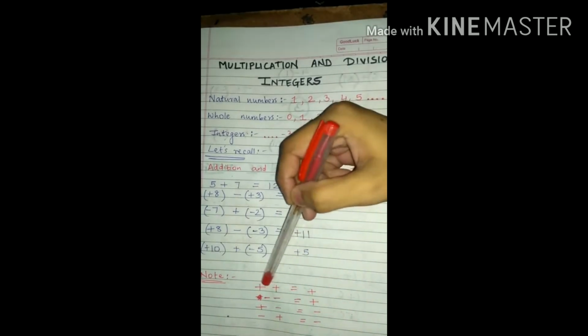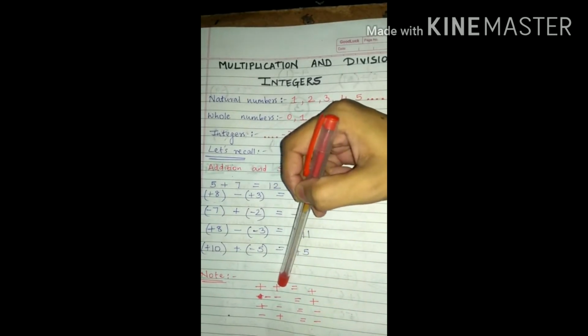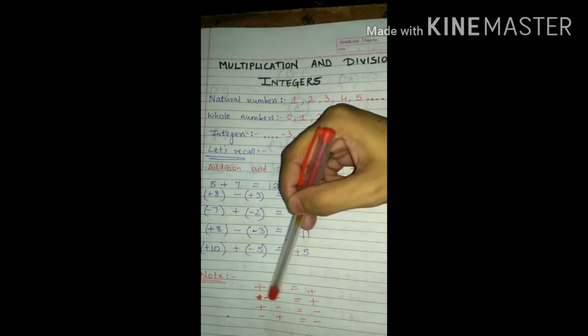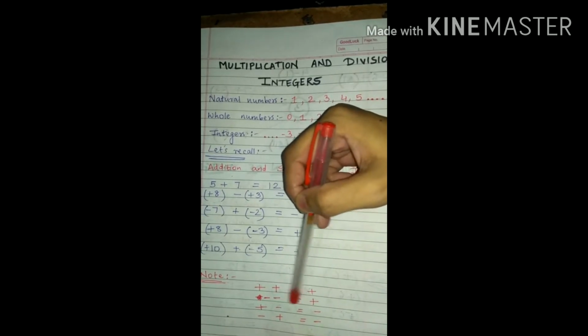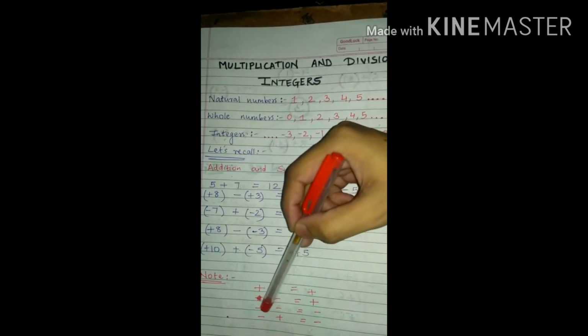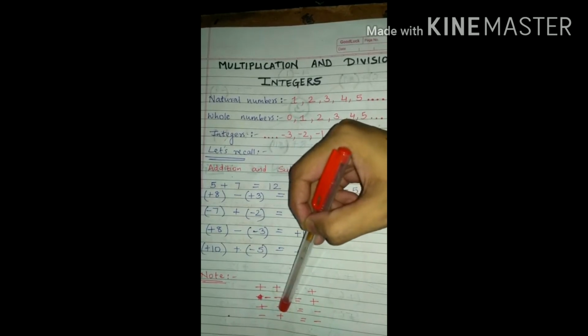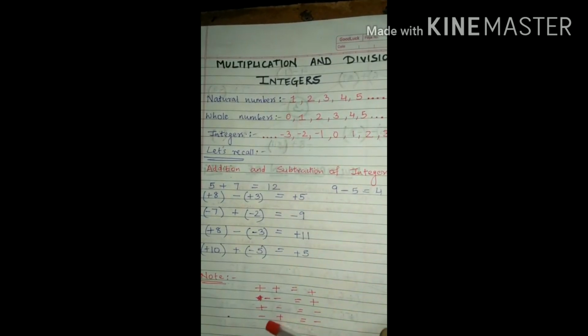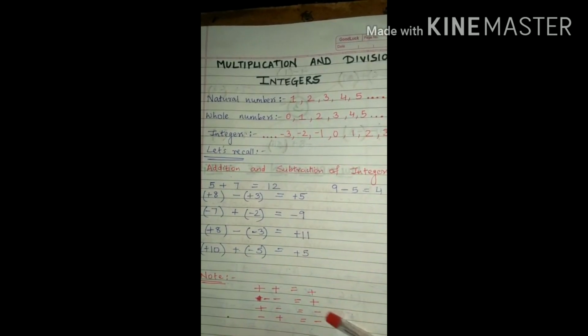In short, two same signs give plus. Two different signs give minus: plus into minus, or minus into plus, sums up to minus.